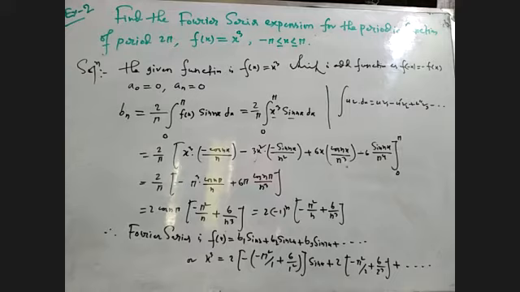In this way, we can find the Fourier expansion of the given function f of x equal to x cube, which is odd function. And we have applied the method for the expansion of Fourier series, what? Odd function. In case of odd function, what will be the Fourier expansion? We must know from the earlier solved example.